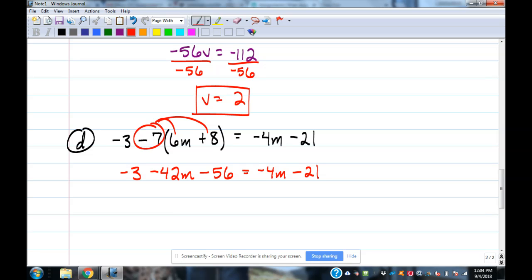What's the next thing we need to do? Okay, so when I put those together, do I change the sign of either one of them? No. Why not? Yeah, they're on the same side, so you keep them the same. So -3 and a -56 together is going to be -59. So we got -42m minus 59.